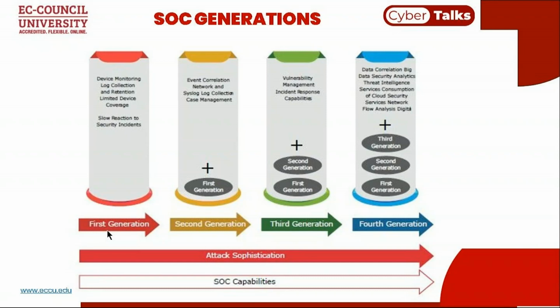Lastly, the third generation. The third generation had everything the first and second generations had, and it also had vulnerability management and incident response capabilities. Basically, when we talk about software weaknesses, there is a body known as MITRE, which publishes CVEs and CWEs. CVEs are common vulnerabilities and exposures, and CWEs are common weakness enumerations.